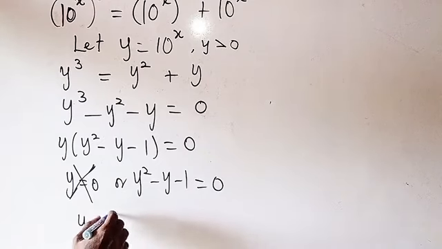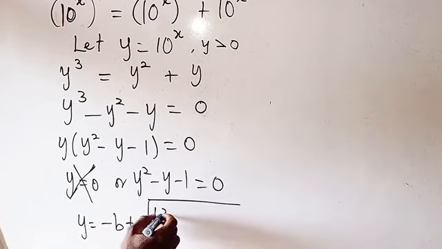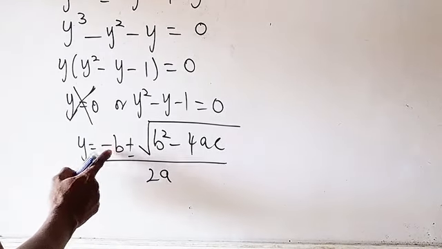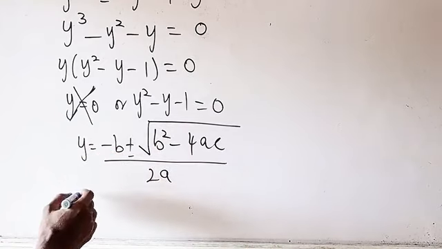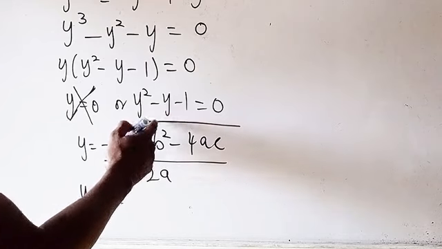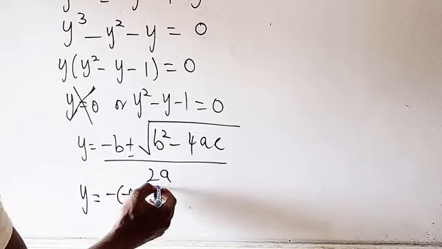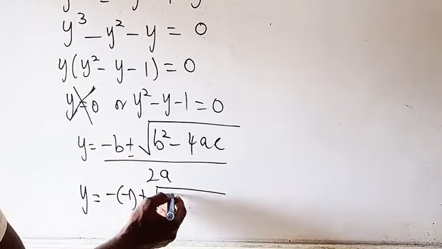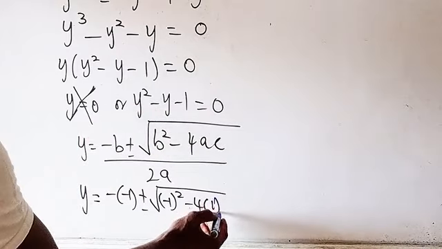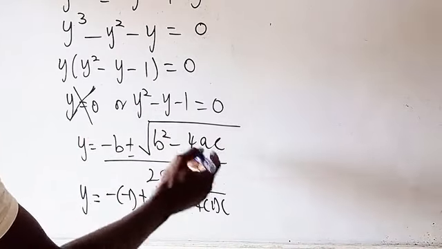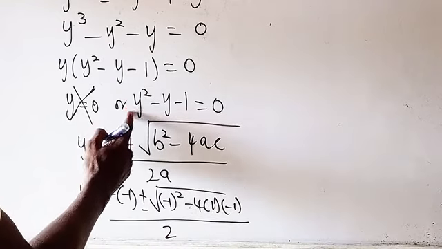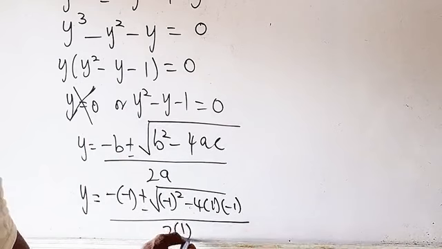We have y equals minus b plus or minus the square root of b squared minus 4ac, all over 2a. Minus b is minus the coefficient of y, which is minus 1 times minus 1. So we have minus minus 1, plus or minus the square root of minus 1 squared, minus 4 times a, where a is 1, the coefficient of y squared, multiplied by c, which is minus 1, the constant term, all divided by 2 times a, that is 2 times 1.